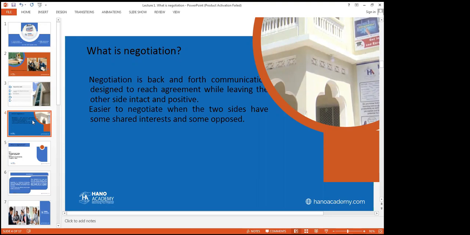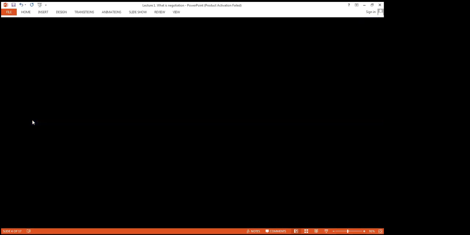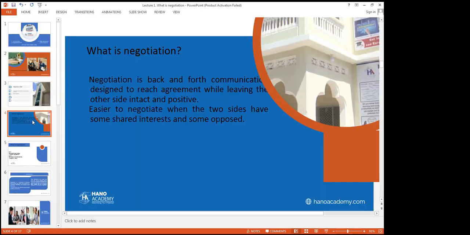So to begin with, negotiation is back and forth communication designed to reach an agreement while leaving the other side intact, positive.